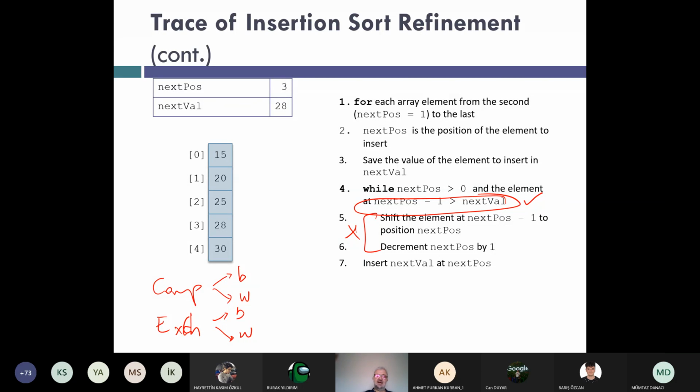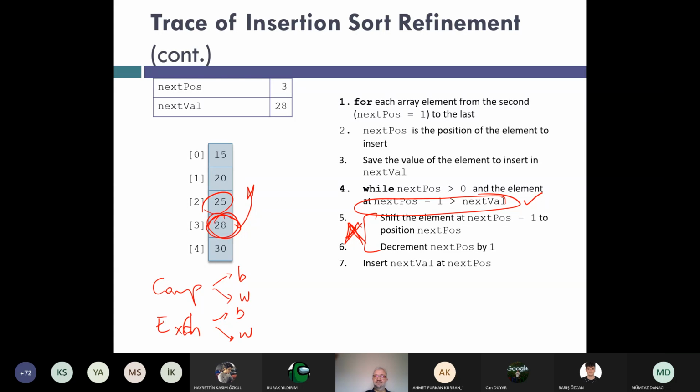And this happens if the array elements are sorted as in here. We give these elements to be sorted by insertion sort. Then we are inserting 20 into this sorted sequence. 20 is larger than 15, so this is not executed at all. Or when we insert 28 into this sequence, 28 is larger than 25, so these are not executed at all.